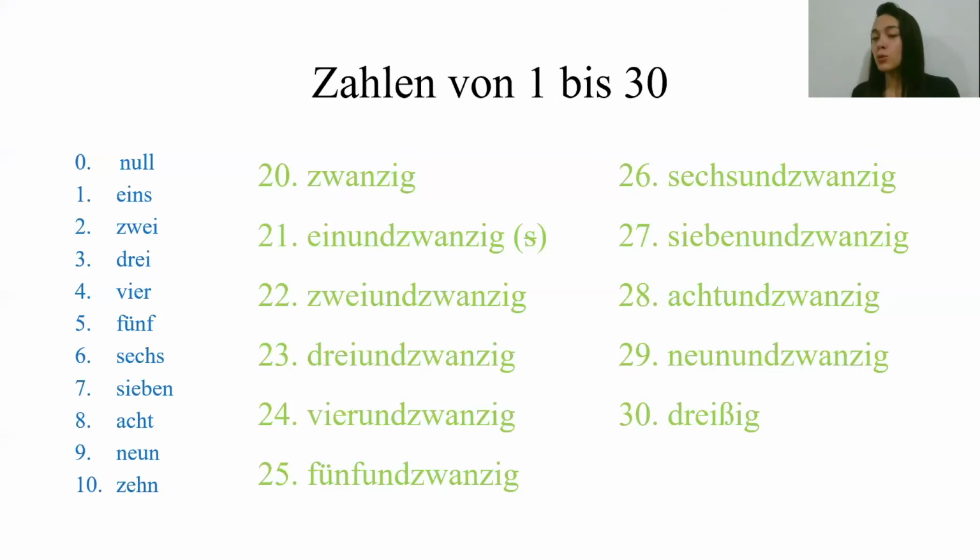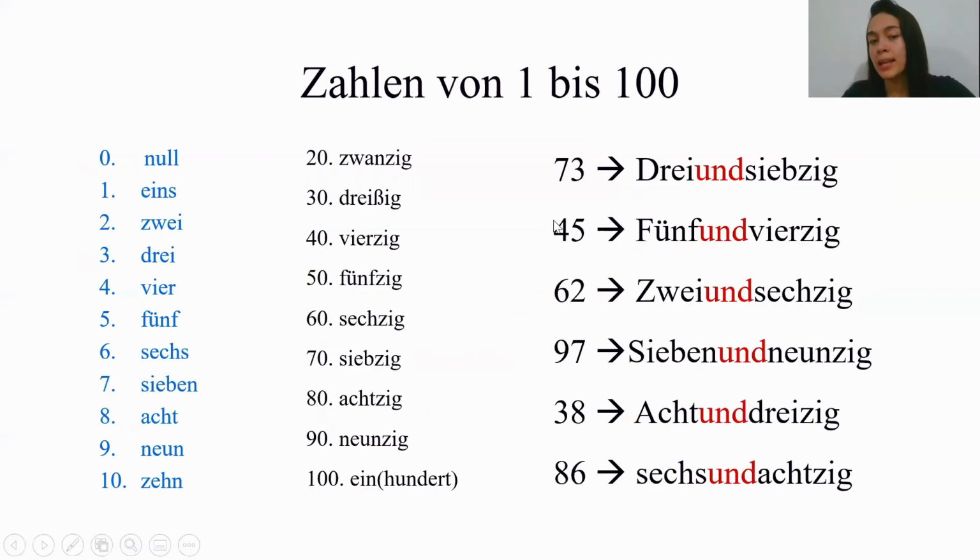You just need to know how to count by tens, and that's what I'm going to show you now. Here you see again the numbers from 0 to 10, and then how you count by tens: 10, 20, 30, 40, 50, 60, 70, and so on. If you memorize them and the numbers from 0 to 10, you can build any other number.